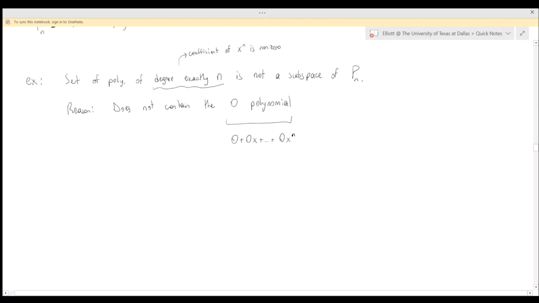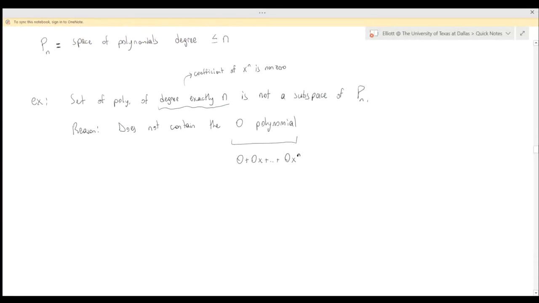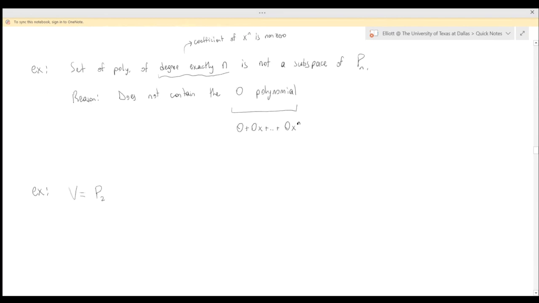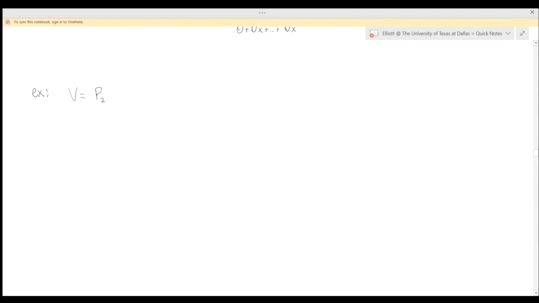All right. Now some examples of subspaces real quickly. Let's work with polynomials of degree less than or equal to 2, so any polynomial of this form.